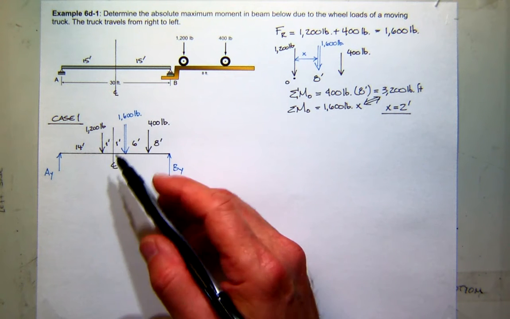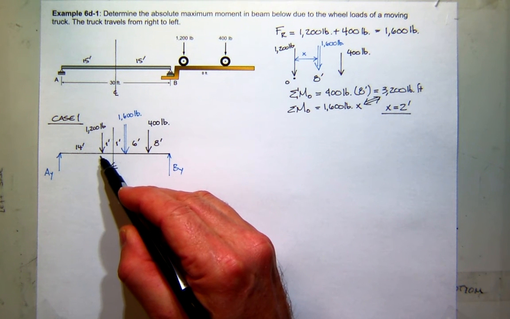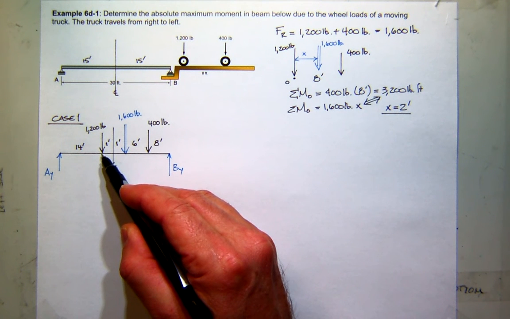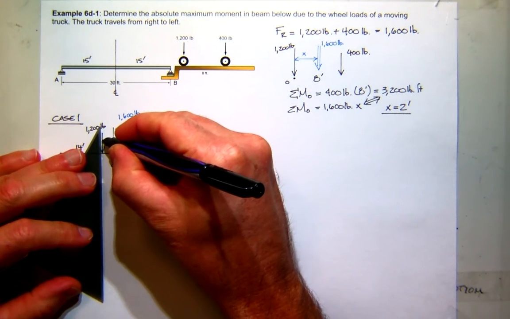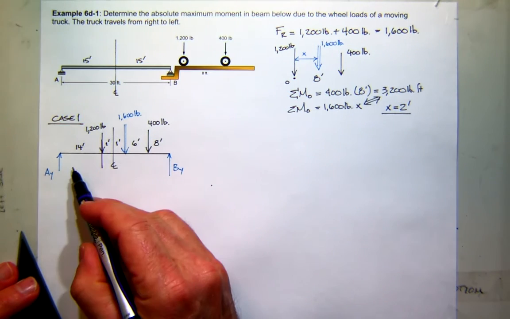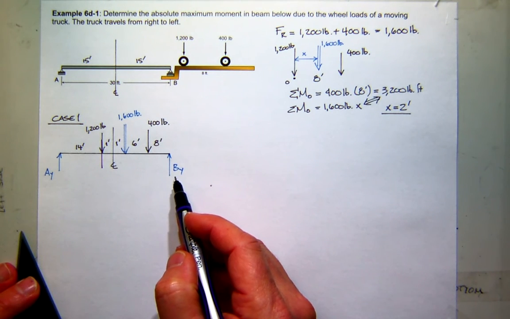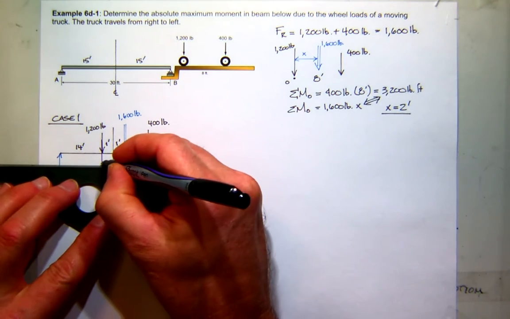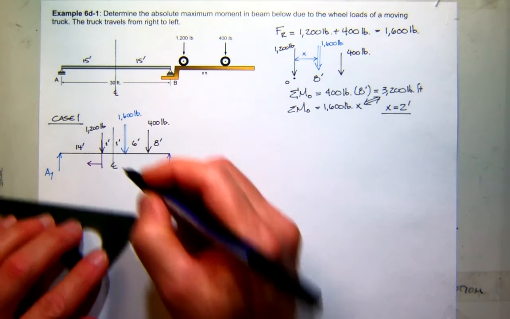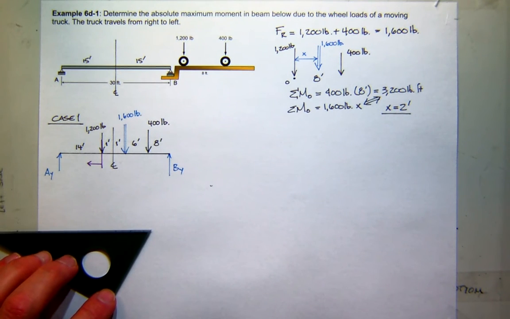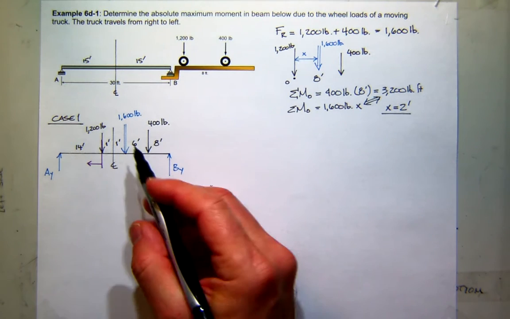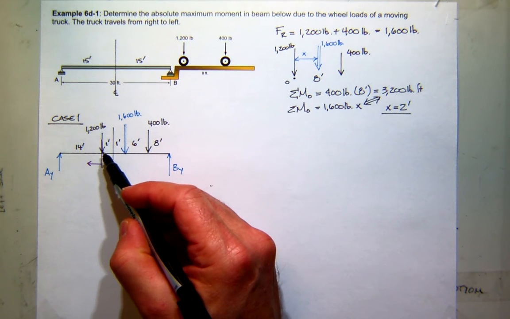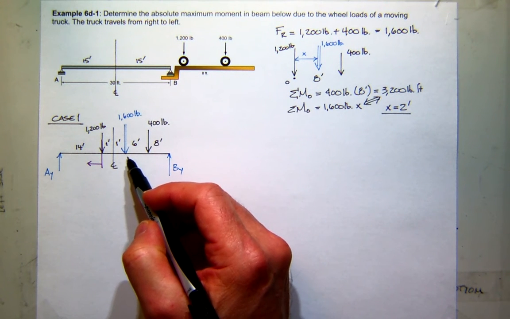Tell me what the moment is under the first force, right there. So I'm going to cut the structure there. You want to work the left side or the right side? I think the left side is the way to go. You always cut it underneath the force that you're balancing with the resultant.